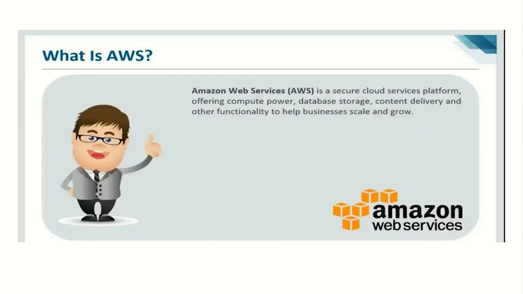So AWS has 6 times more compute capacity than all other service providers in the market. That is a huge amount. So these are the reasons that make AWS the best in the market.